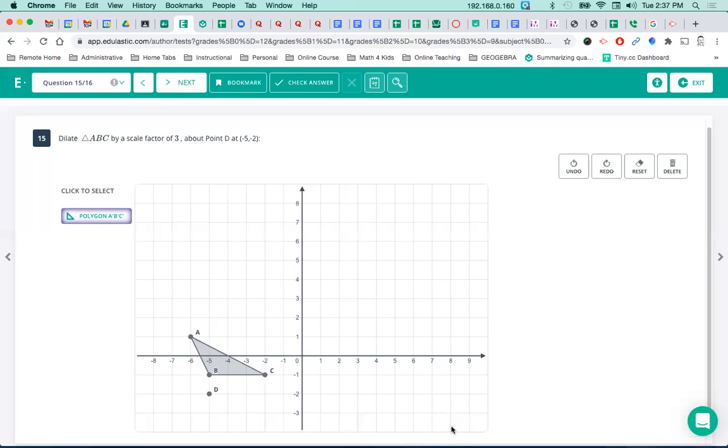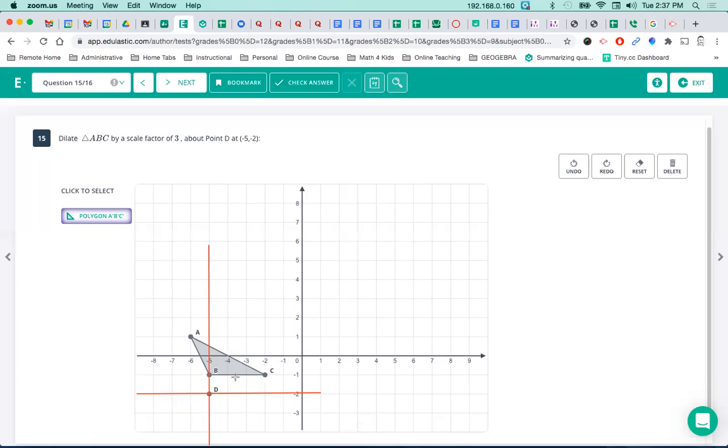So because we're dilating from D, I'm going to draw a new pair of X and Y axes. Just for the dilation, we are going to use point D as the origin.